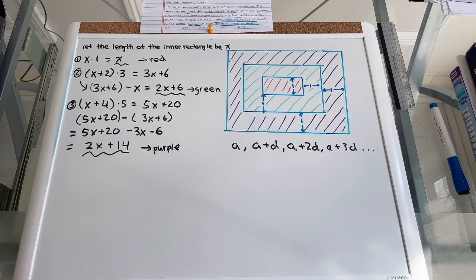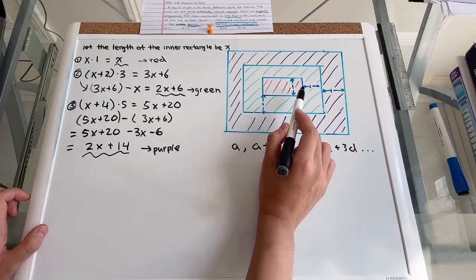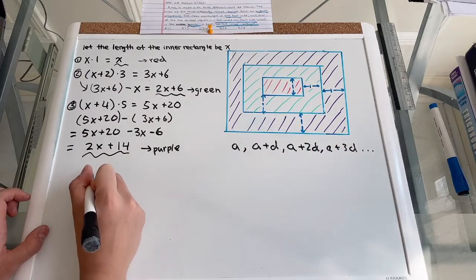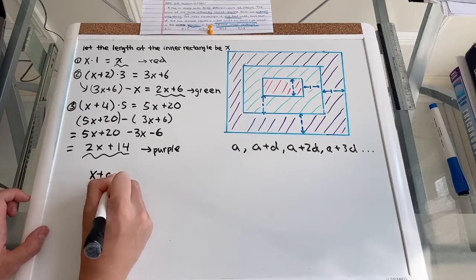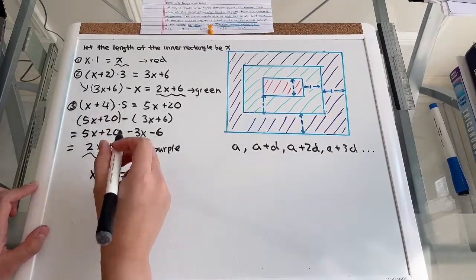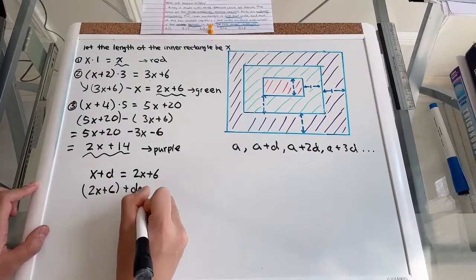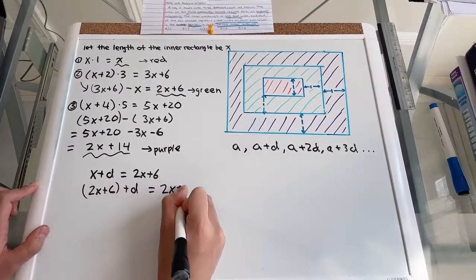So what do I mean by that? Well, the area of the second shaded region and the first form an arithmetic sequence. If we write it with the d, it would be x plus d equals 2x plus 6. And then here, 2x plus 6 plus d equals 2x plus 14.